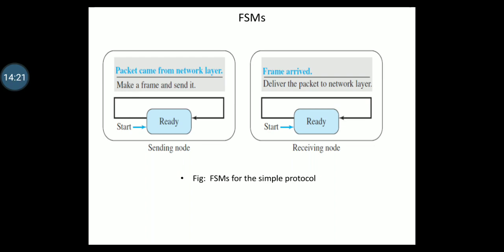When this event occurs, the receiving machine decapsulates the message out of the frame and delivers it to the process at the network layer. This figure shows the FSMs for the simple protocol: a packet comes from the network layer, a frame is made and sent; a frame arrives, and the packet is delivered to the network layer.